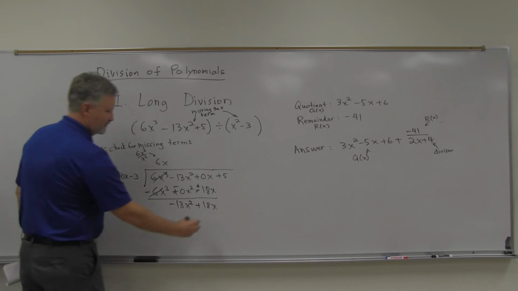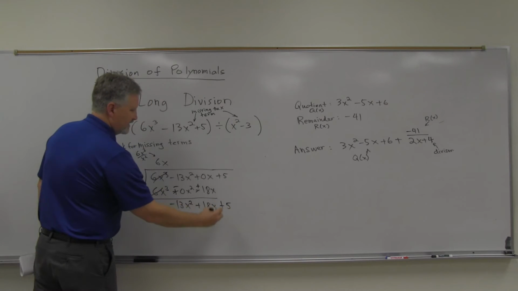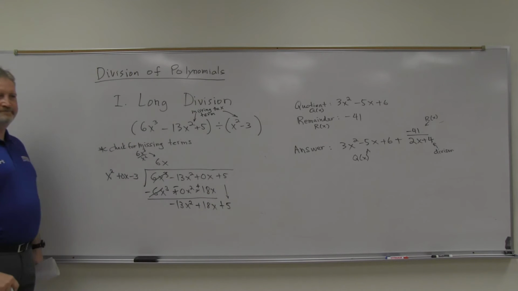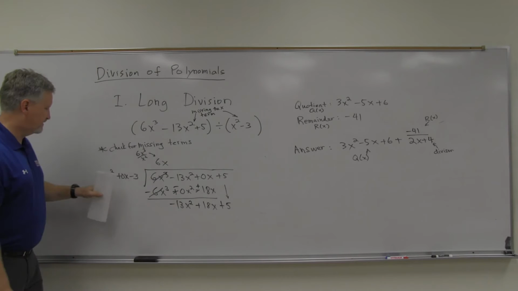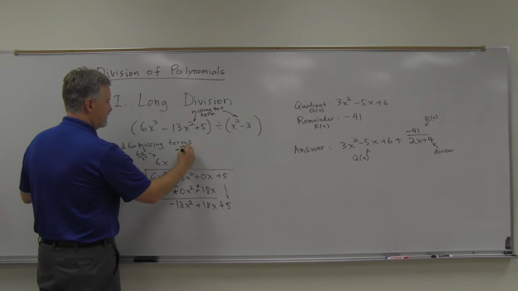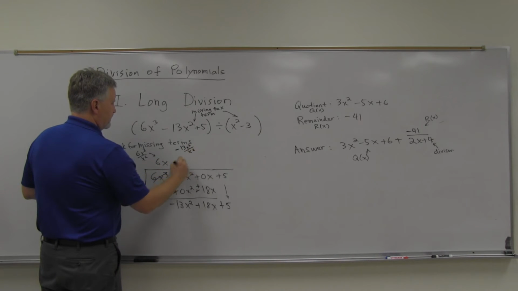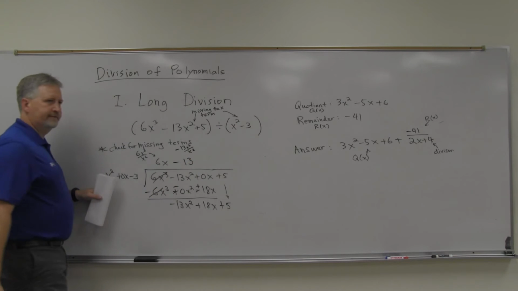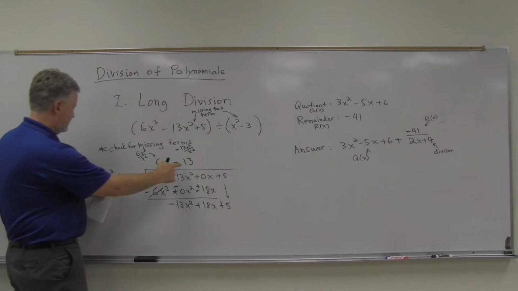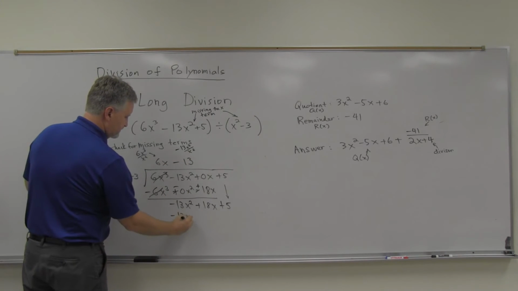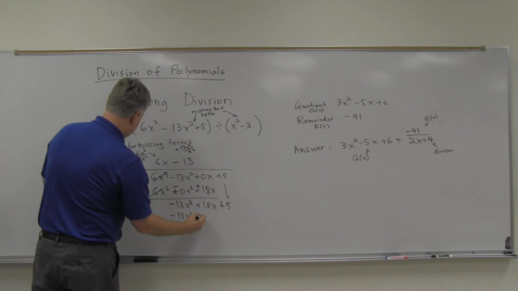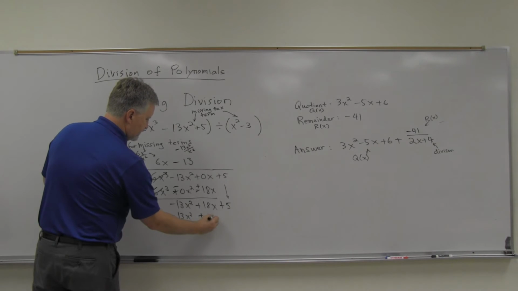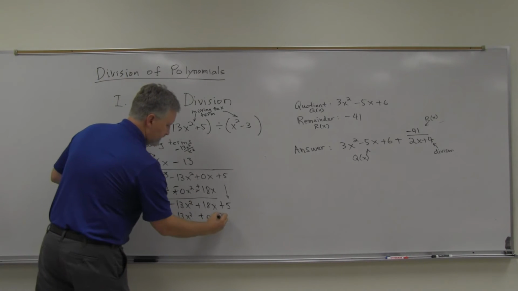Good news on this, there's just one more step. Bring down the plus 5. Do it all over again. Divide, negative 13x squared divided by x squared is negative 13. Multiply, negative 13 times all these: negative 13x squared, times 0 is 0, so 0x, and then plus 39.